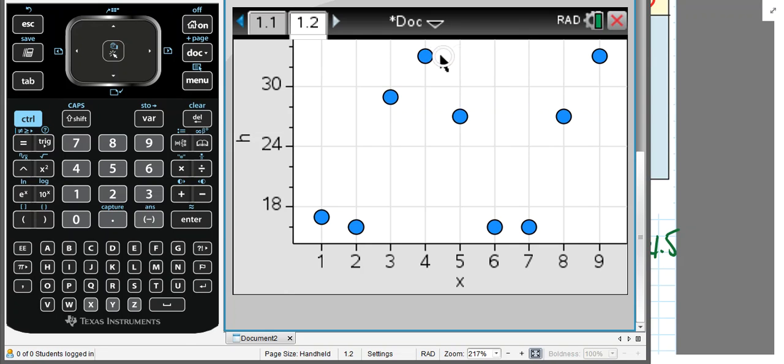Because as it turns out, we have got two data points that have an H result, or the number of hurricanes within a decade, of 33. And so I'm going to make the assumption that those two are both peaks of this sine function, and they happen to have a distance of 5 decades, from 4 to 9.